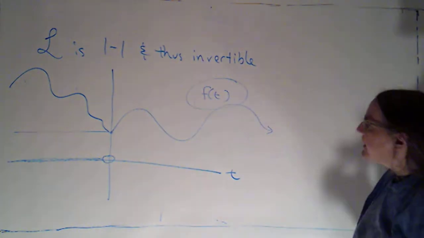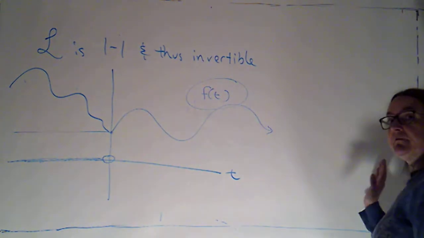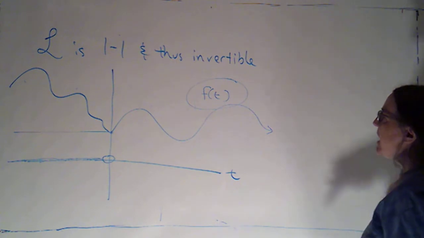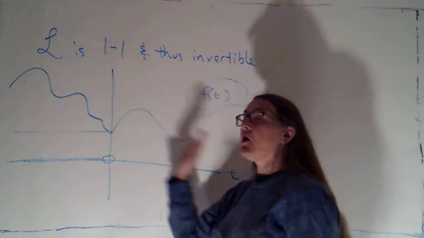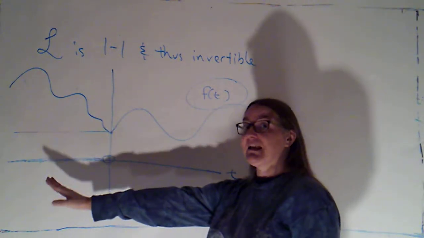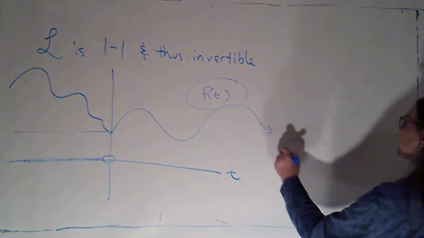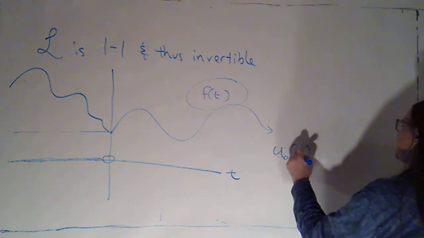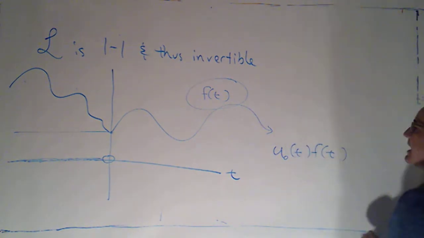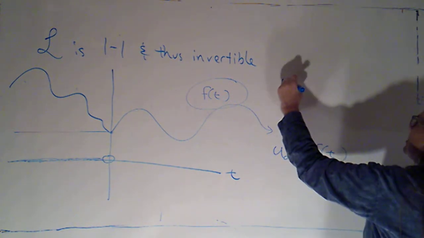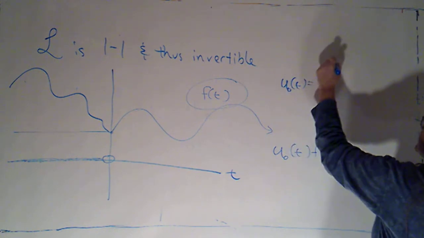So if I wanted to have the inverse Laplace transform give me a unique function defined on everything from negative infinity to infinity, I could define mu naught of t times f of t. Mu naught of t is just this nifty function.